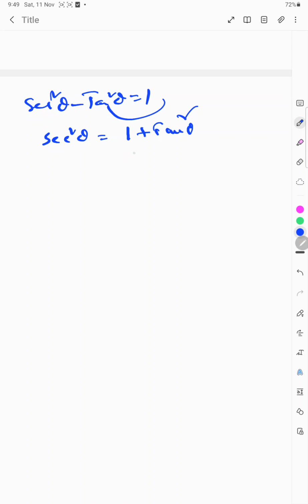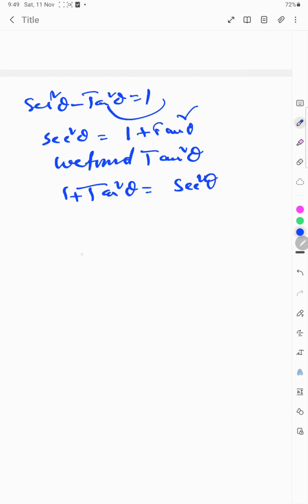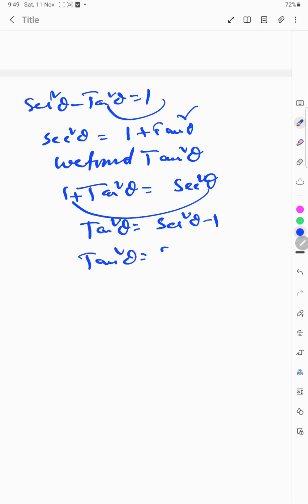So we found tan square theta: 1 plus tan square theta is equal to secant square theta. So tan square theta is equal to secant square theta minus 1, LHS to RHS, because tan square theta is equal to secant square theta minus 1.